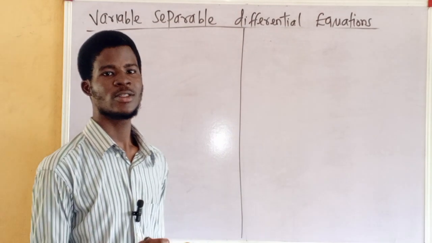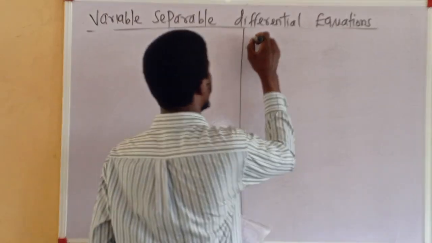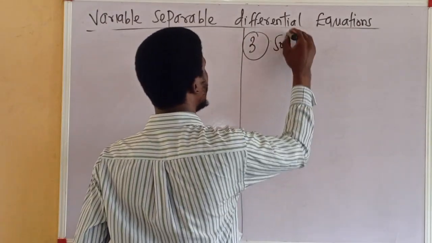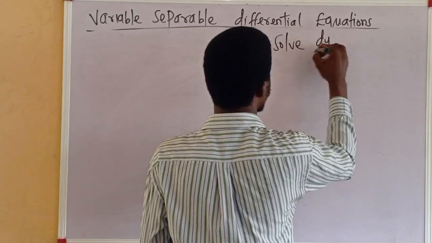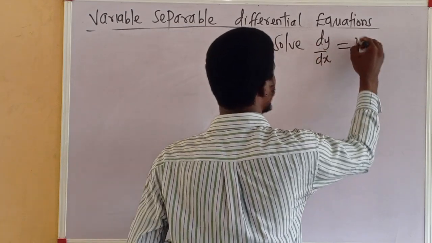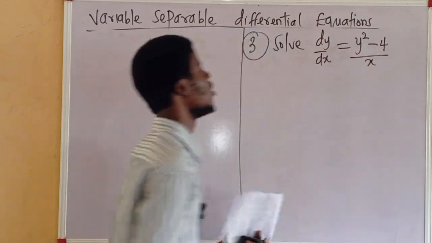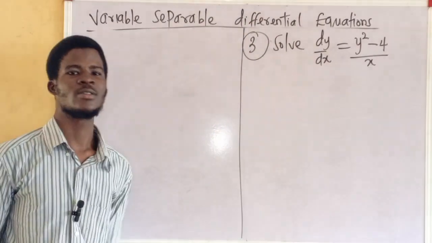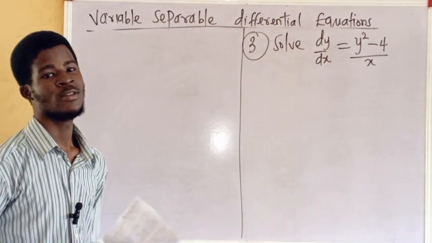All right, let us look at the last question under this separable variable equation. Now to solve the differential equation, dy/dx equals (y squared minus 4) all over x. This is separable variable, so we can actually solve it.